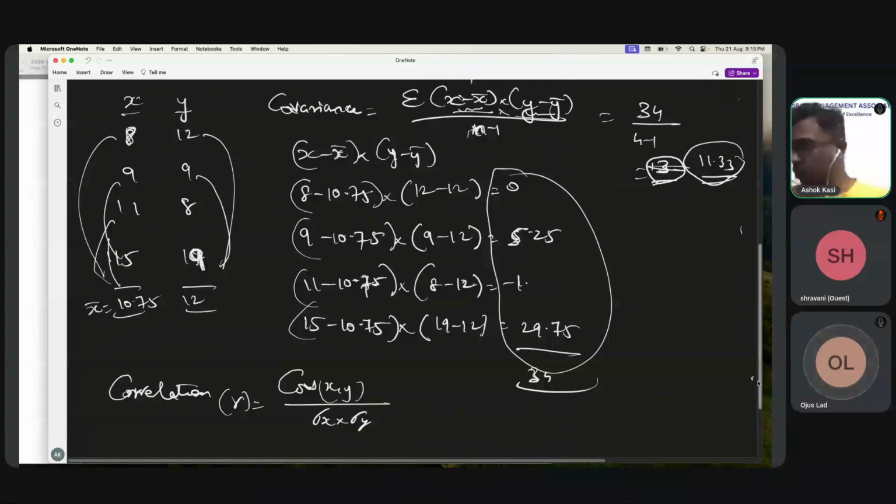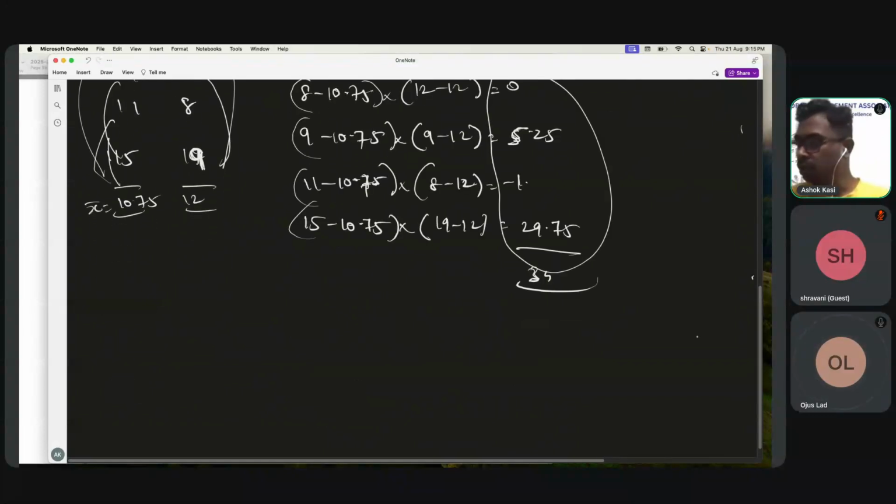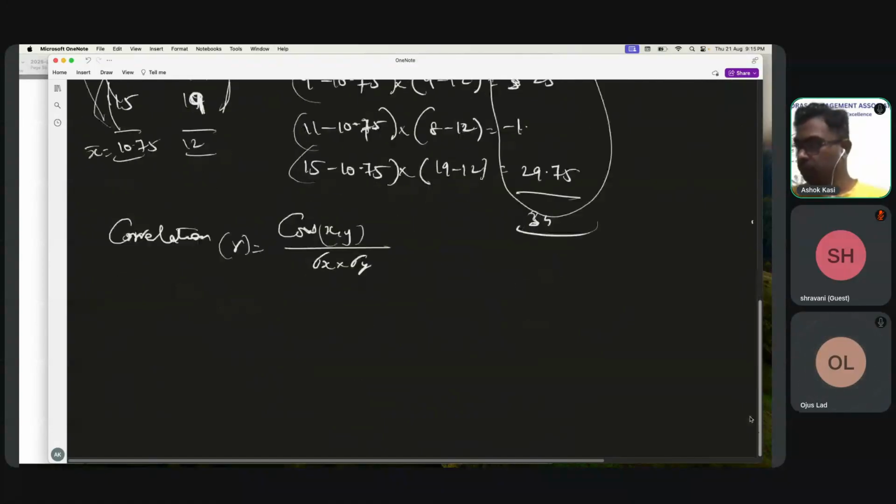I have to calculate standard deviation of x and y also. It's fine.